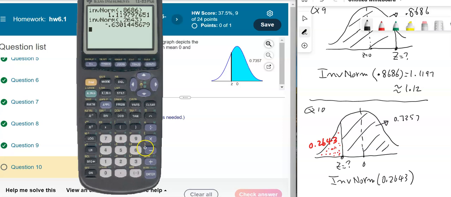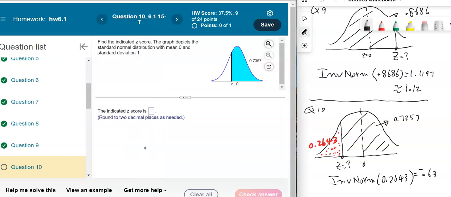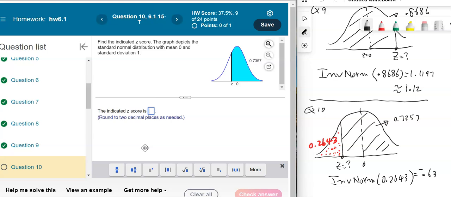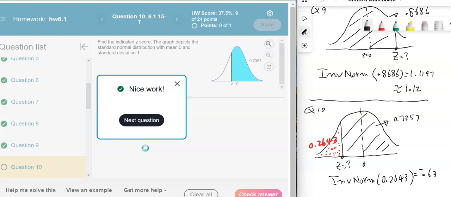Then you get negative 0.63. So it is negative 0.63.